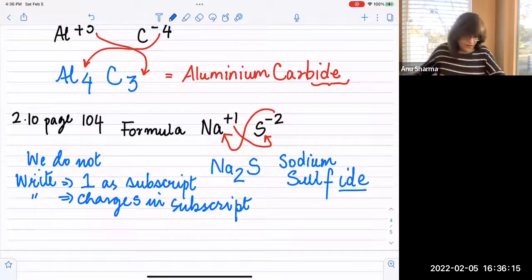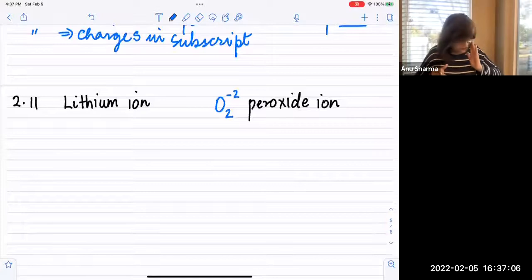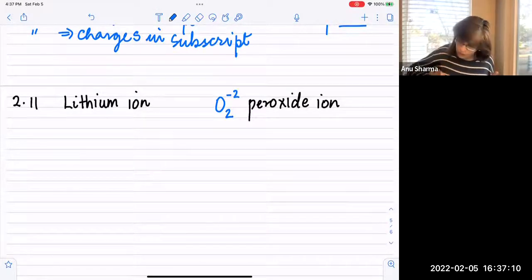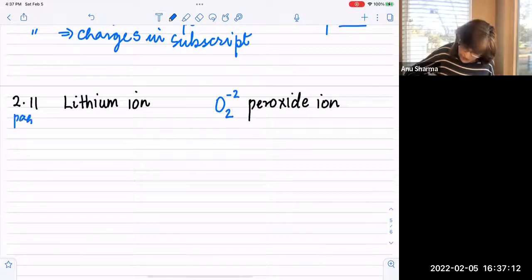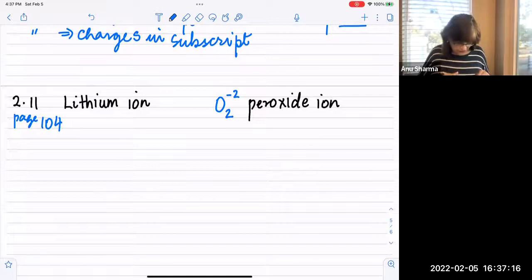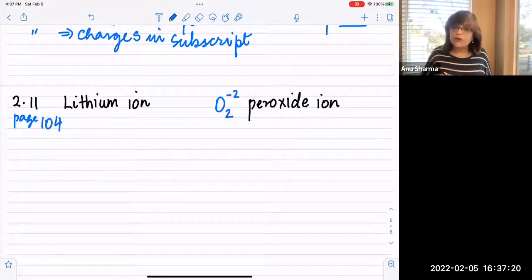Okay, next, let's look at the next problem. The next problem is 2.11, and this is on page 104. Here they're saying that a lithium ion is given, and you are given a peroxide ion, and they've given you the formula of the peroxide ion.